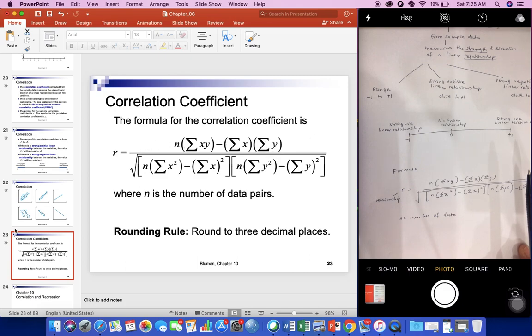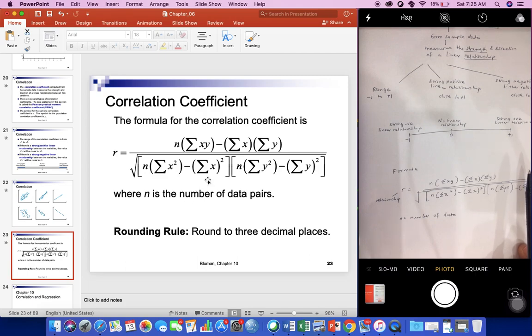Then divide by n times the summation of x power of 2, minus the summation of x, in brackets, power of 2. You can see the difference between this one and this one. For each variable of x, we must power of 2 first, and after you get all the values for power of 2, you add them up.